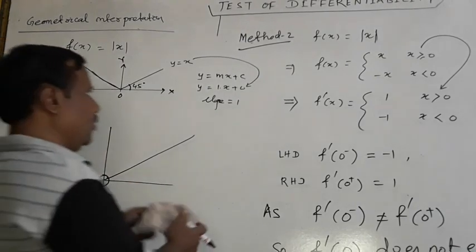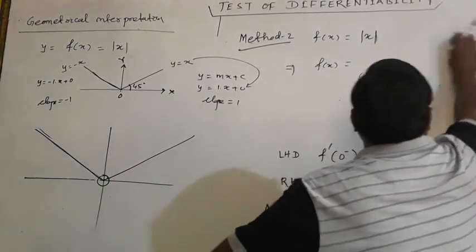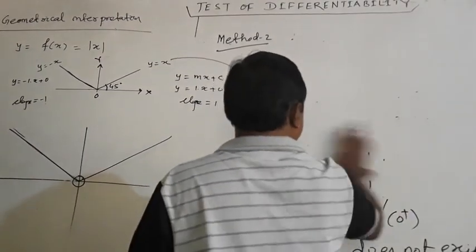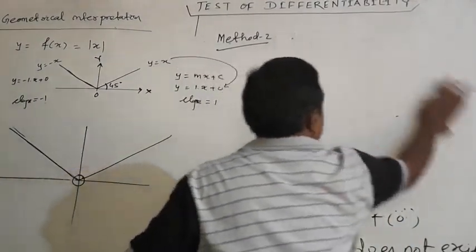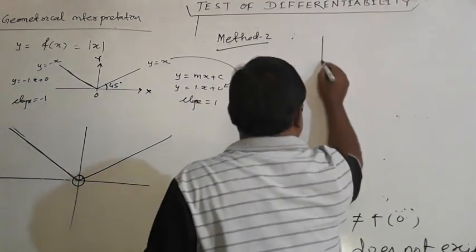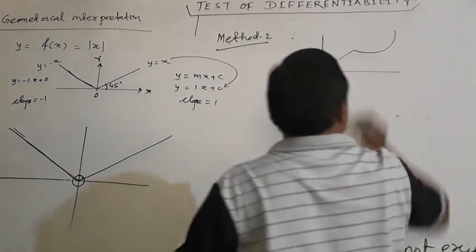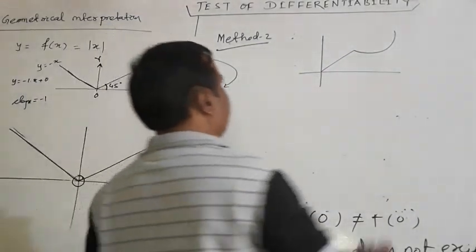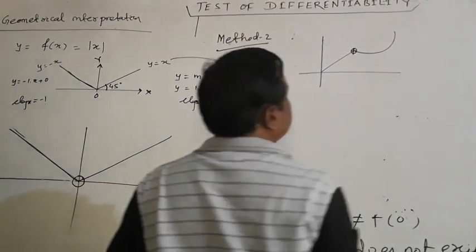Now I am giving you 2 to 3 figures from which you should determine the point where the function is not differentiable. First, look at me. Suppose this is the curve. At which point is the function not differentiable? Certainly at this point, because here the path suddenly changes.